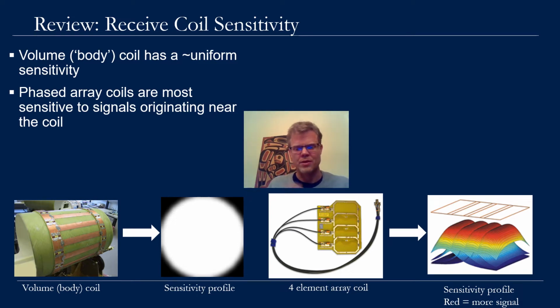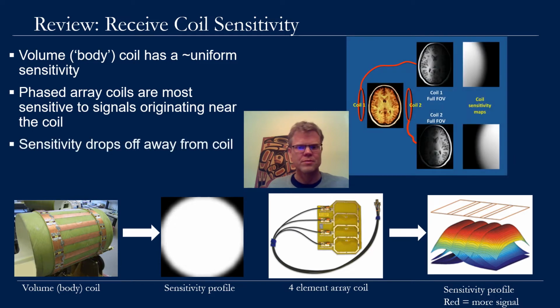Take this example of a 4-element loop array. Shown at the far right, the bright red indicates where each of these four individual coils is most sensitive, so where it's going to be receiving the most signal from, and then that drops off as we get further away from the RF coils.